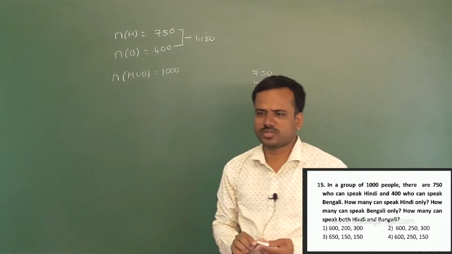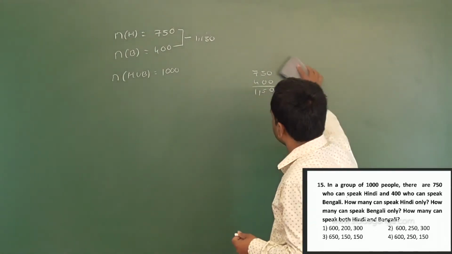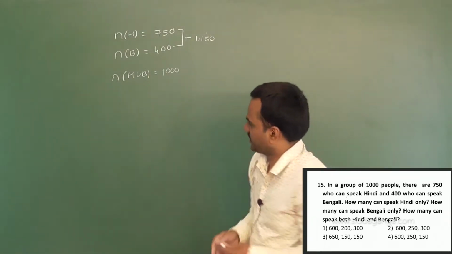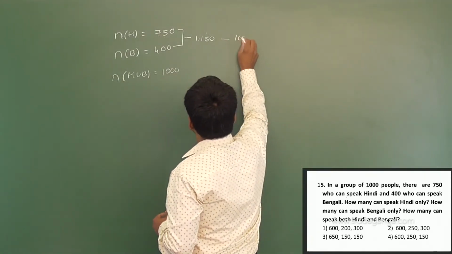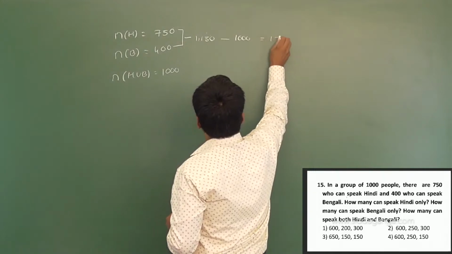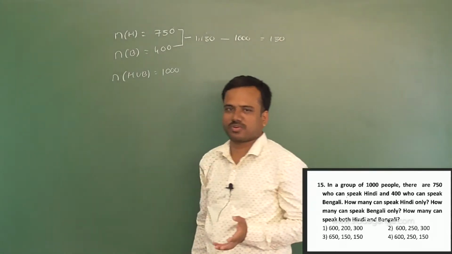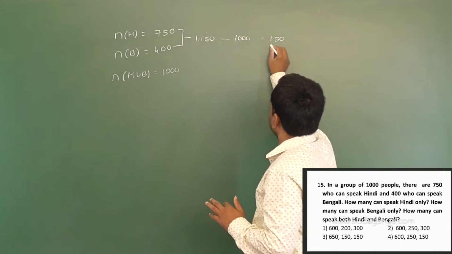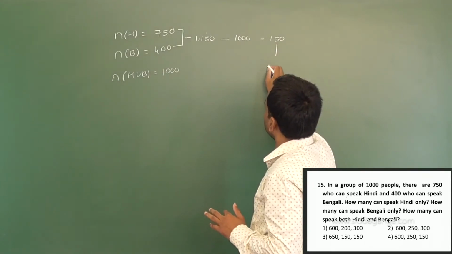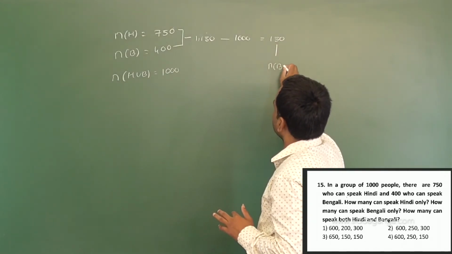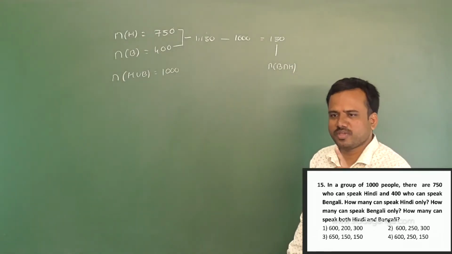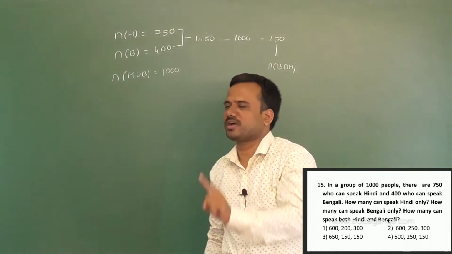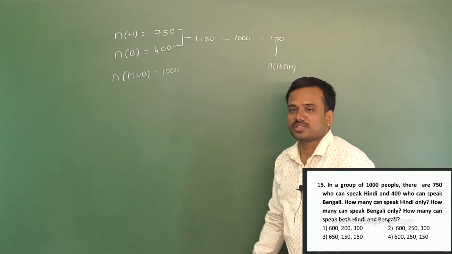Correct? So subtract 1000 from 1150. We get 150. We follow the same type as the last problem. This is nothing but N of Bengali intersection Hindi, meaning the people who can speak both Hindi and Bengali. How many people?